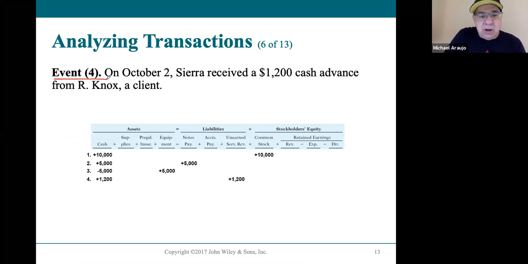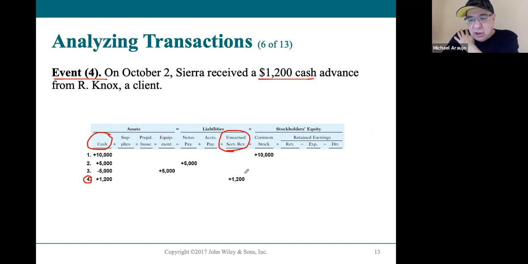Event number 4, and again, this is all new and exciting, so it'll take a while, but you'll get there. Here we received a $1,200 cash advance from the client. So we analyzed this. As you see here in transaction number 4, we said we had more cash, but now we have more liabilities in the form of unearned service revenue.